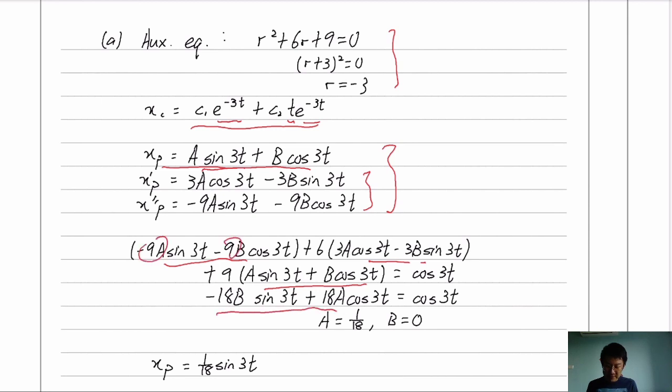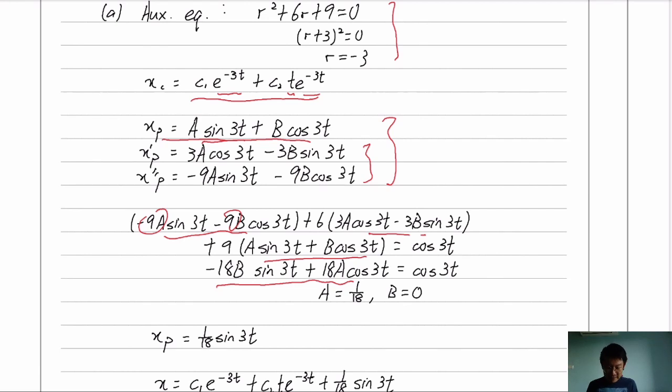This is what we get for the a's and b's. The good news is we do not have anything which involves the sine in this case. We will only have a solution in terms of the cos. So in this case, our value for a is 1/18. So our xp is 1/18 sin 3t.